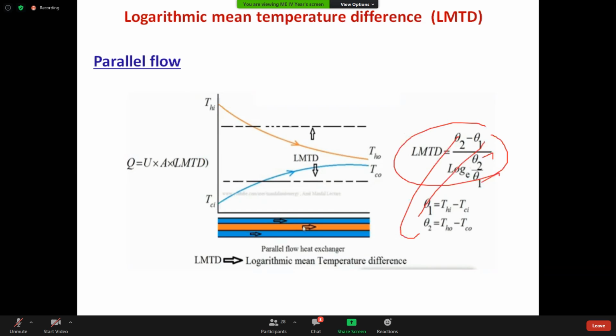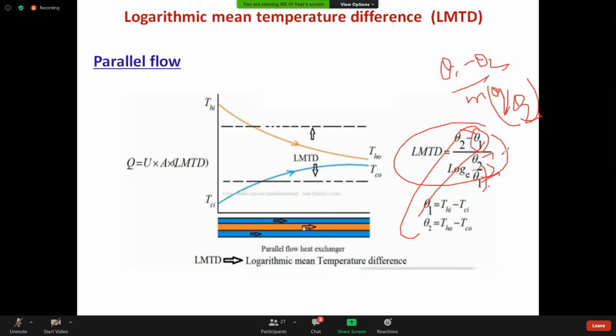LMTD is theta 2 minus theta 1 divided by ln theta 2 by theta 1. In some textbooks, you will be given theta 1 minus theta 2 divided by ln theta 1 by theta 2. Theta 1 may come here or theta 2 may come here, and then this has to change. If you change only one of them, it will be wrong.